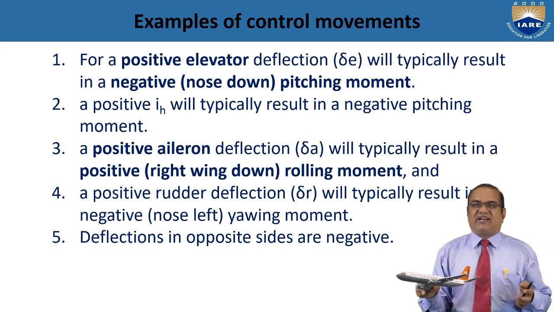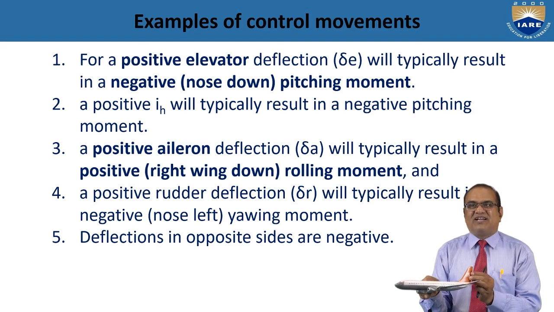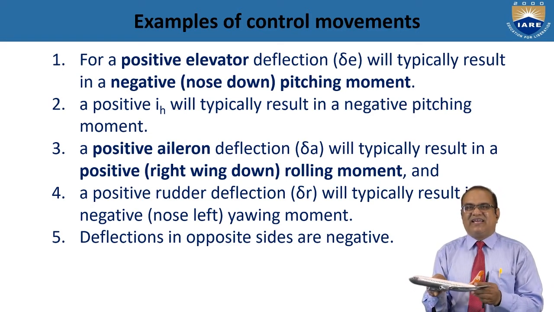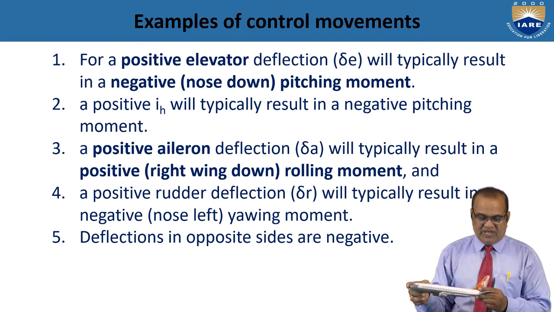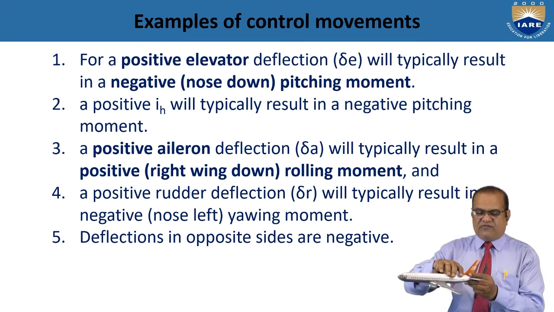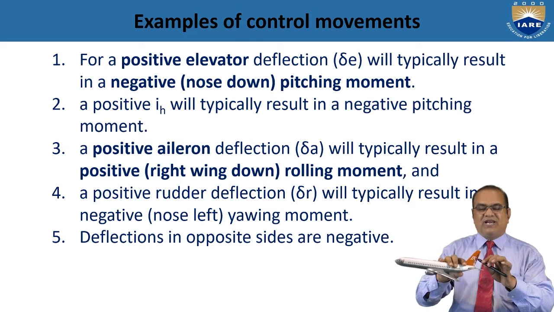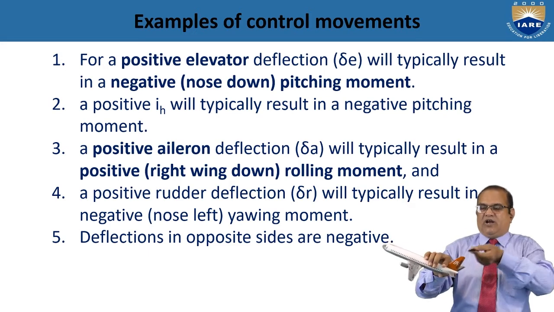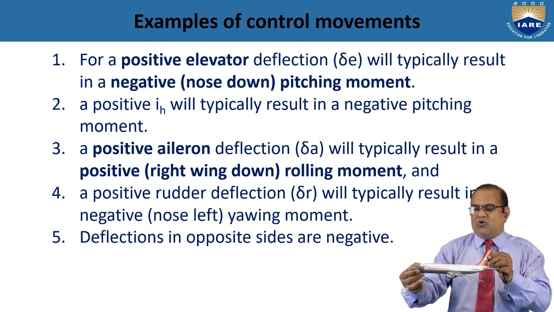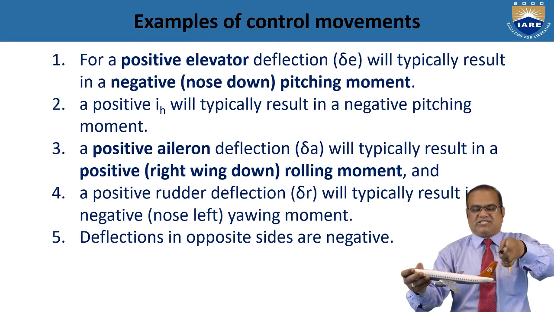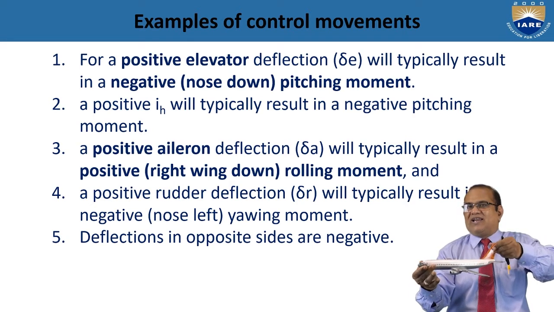A positive rudder deflection, delta R, will typically result in a negative, nose left yawing moment. So if it is going left, lift will be more on this side, and the nose will go like this. Lift here is more, it is pulling like this, so the nose will go like this.